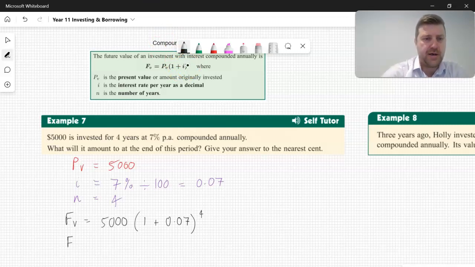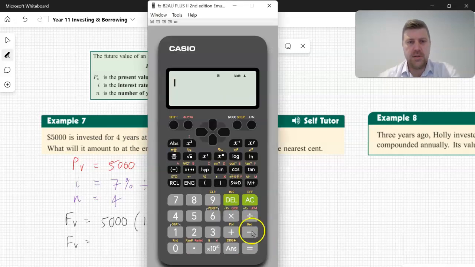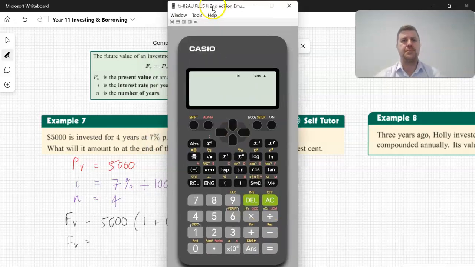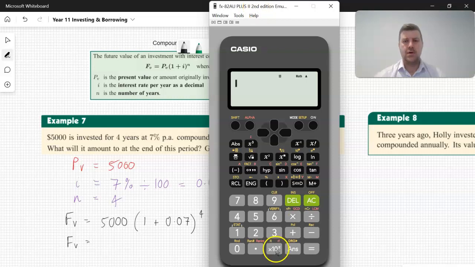Put that in your calculator: $5,000 times 1 plus 0.07, to the power of 4 years.